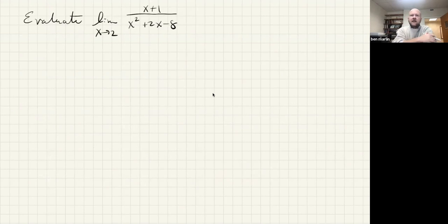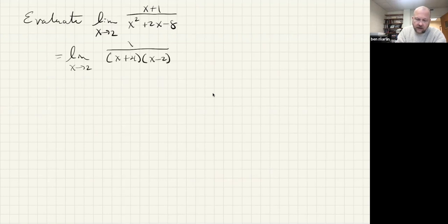With this limit that we're looking at here, one thing that you might be motivated to do is to try to factor it and cancel it because it looks like one of those problems. When you do that, your bottom factors as x plus 4 times x minus 2, and your top has x plus 1.